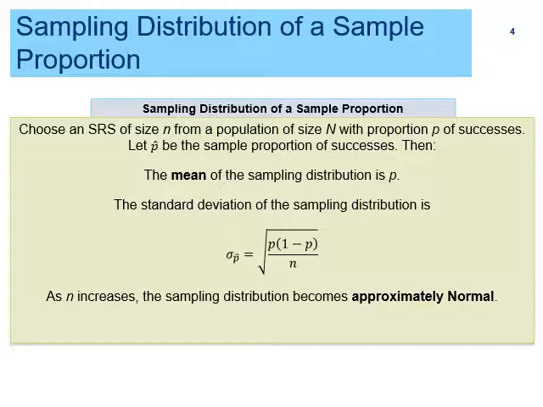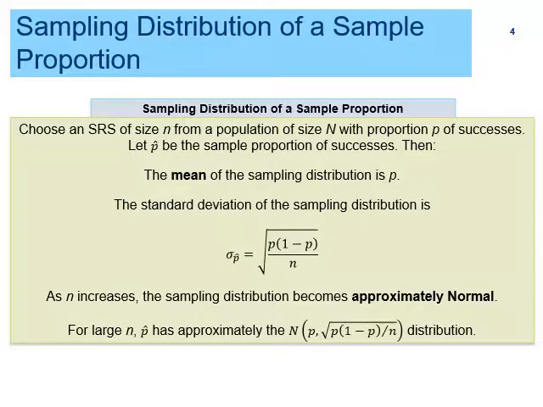Then the mean of the sampling distribution is p, and the standard deviation of the sampling distribution is the square root of p times (1 minus p) divided by n. As n increases, the sampling distribution becomes approximately normal. For large n, p hat has approximately the normal distribution with mean p and standard deviation the square root of p times (1 minus p) divided by n.